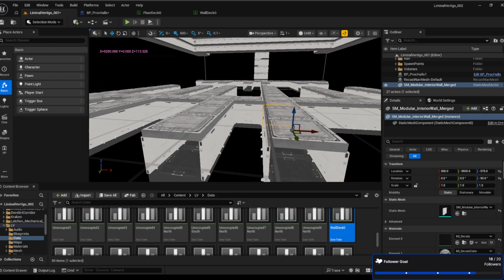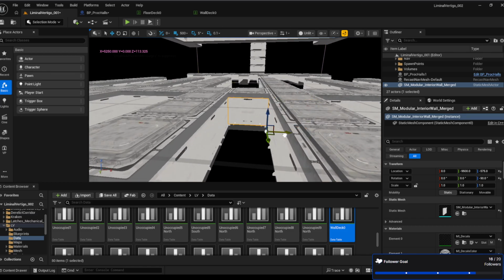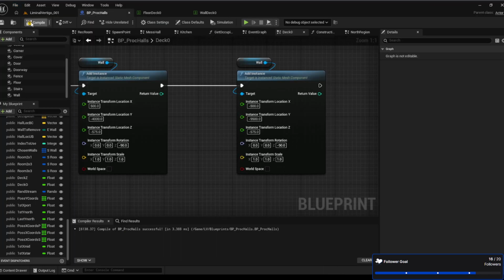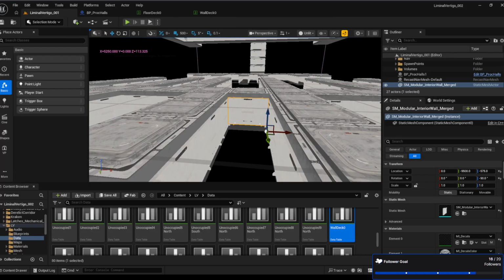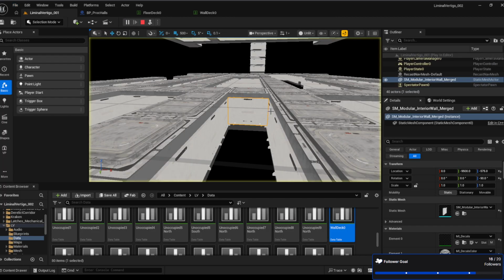Okay. All right. So save that. Compile the changes in and save and test.